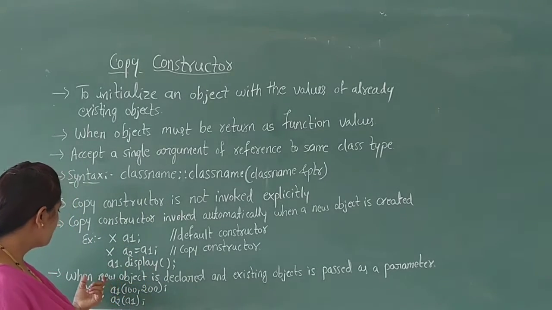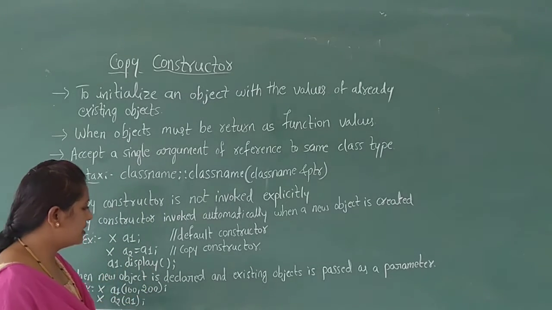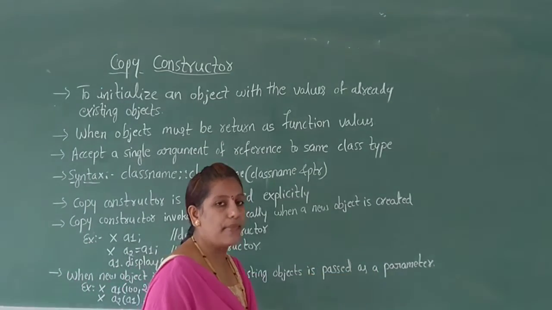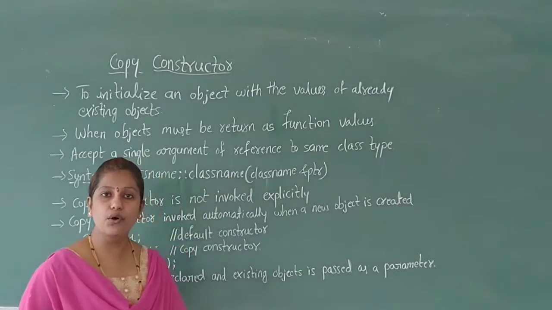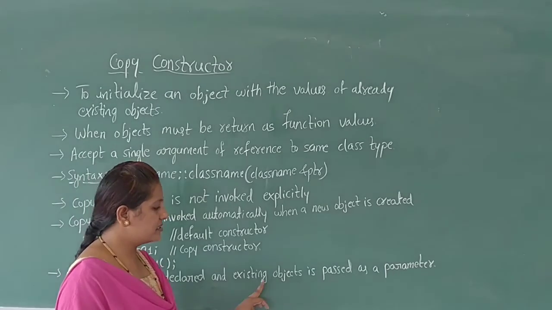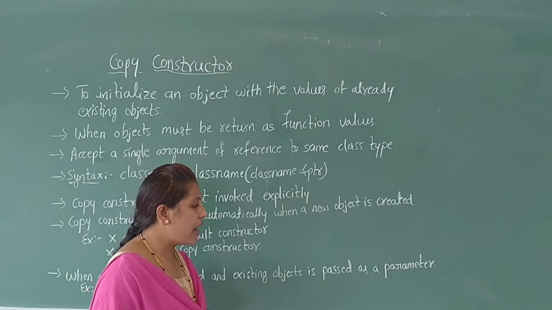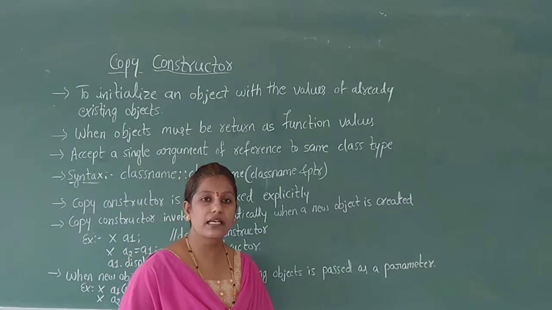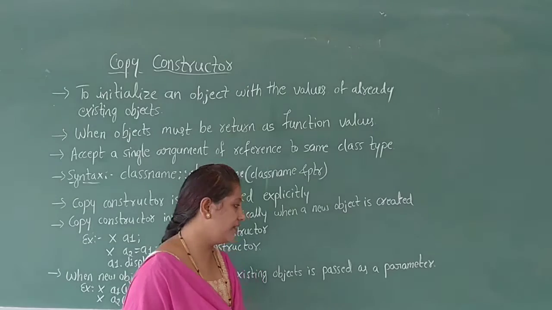The next point: when a new object is declared and an existing object is passed as a parameter to it in the declaration itself.